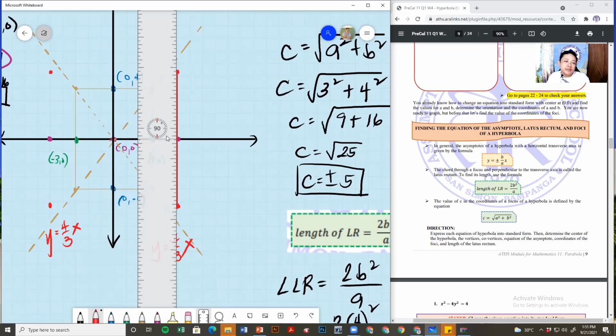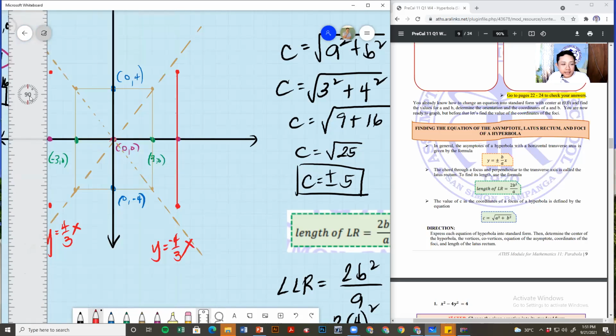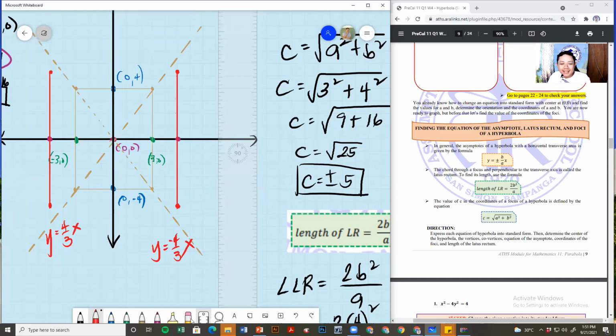There's my latus rectum. And then the other side here, there is my other latus rectum. Now, we are done. Finally, we are now moving on to the most exciting part. And that is by drawing our hyperbola.